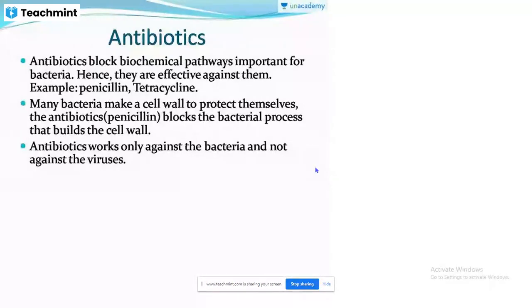Antibiotics do not kill the viruses or the bacteria directly, but they motivate or help the body so that it becomes powerful and develops immunity to battle against these pathogens or microbes, viruses and bacteria.